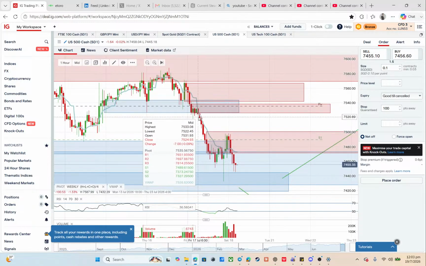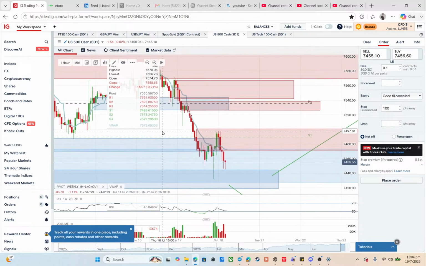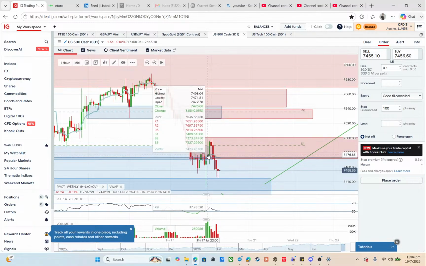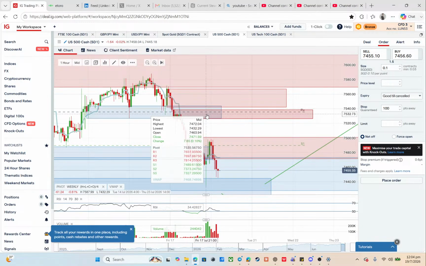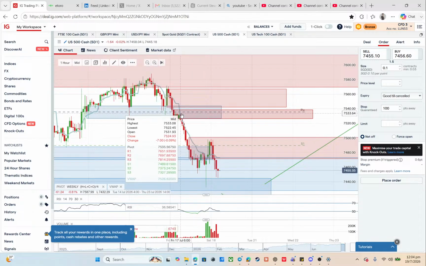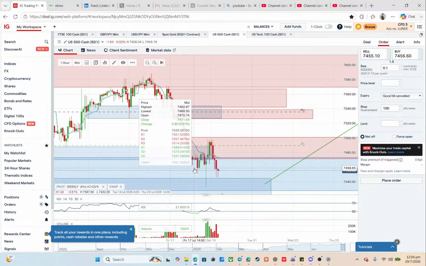Buyers try to push and fail, and immediately sell all the way down. You can see this green candle trying to push, but before you even reach the entire candle here to here, you get pushed all the way down, and sellers take control of this.